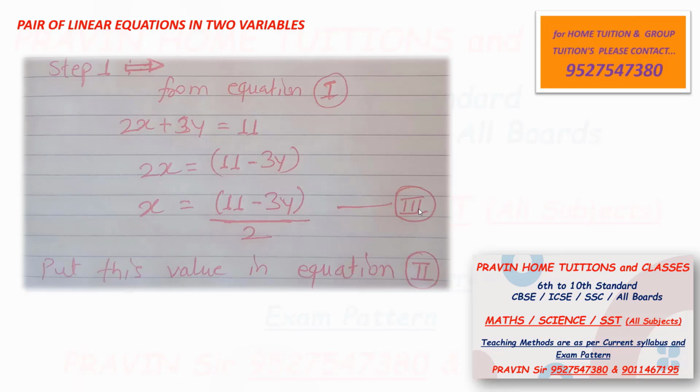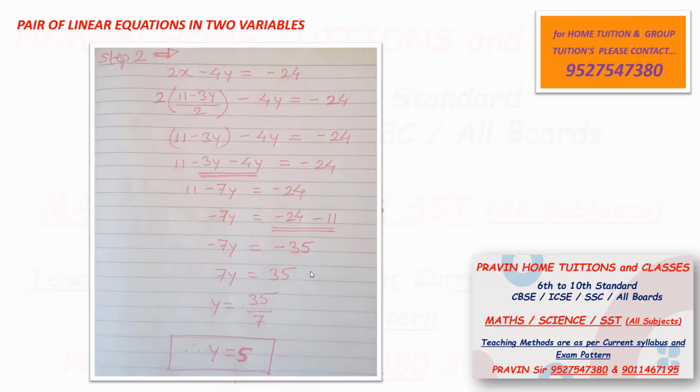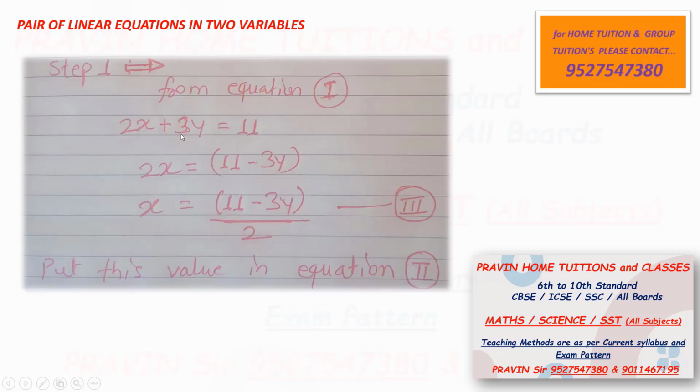Now we have found the value of x in terms of y from equation 1, and we got equation 3. Now substitute this value in equation number 2. Equation number 2 is 2x minus 4y is equal to minus 24. The value of x is what we got, (11 minus 3y) divided by 2.